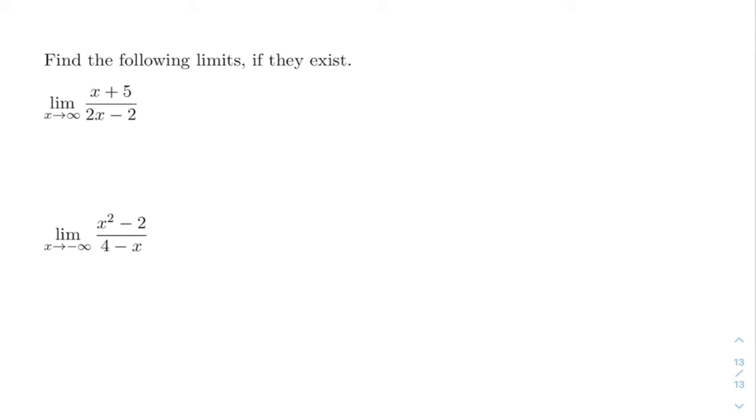Okay, so let's try to solve these limits. So we have to find the limit when x goes to infinity of x plus 5 divided by 2x minus 2. So remember, to start these kinds of problems, we have to divide every term in the rational function by the highest power of x appearing in the function. So in this case, the highest power is just x. So we will divide everything by x.